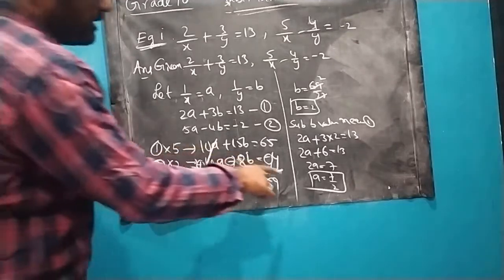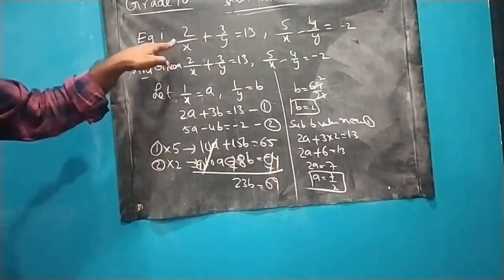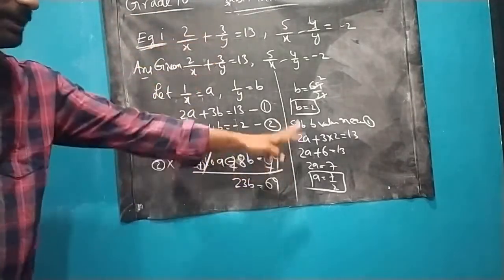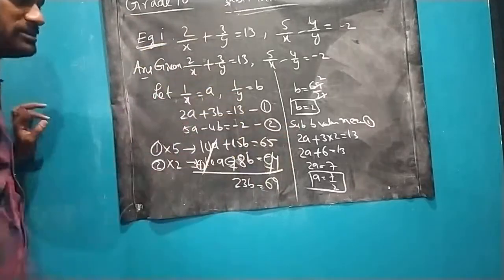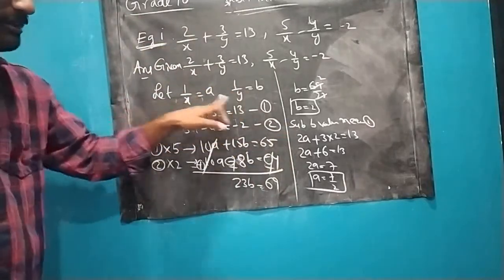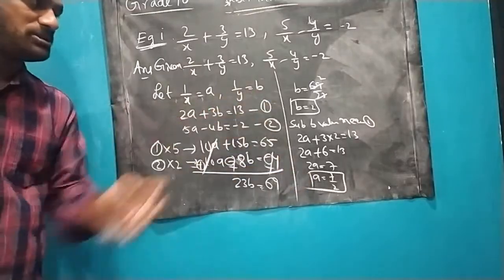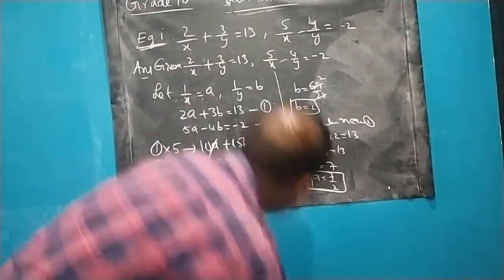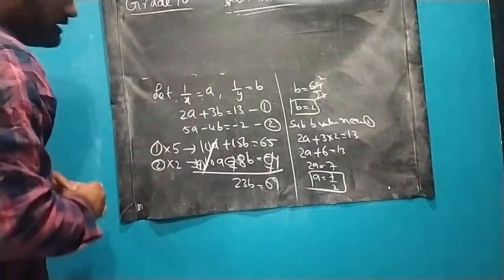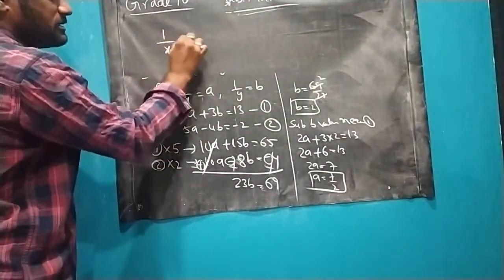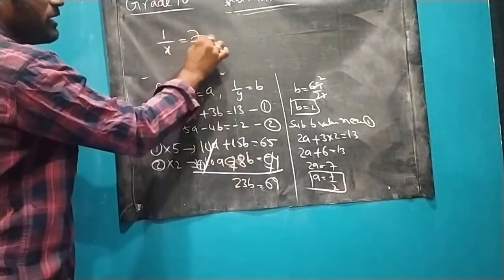Now our intention is to find x and y values, but we got a and b values. I have already assumed that 1 by x is equal to a, 1 by y is equal to b. Now I will replace a value as 7 by 2 and b value as 2. So 1 by x is equal to 7 by 2.